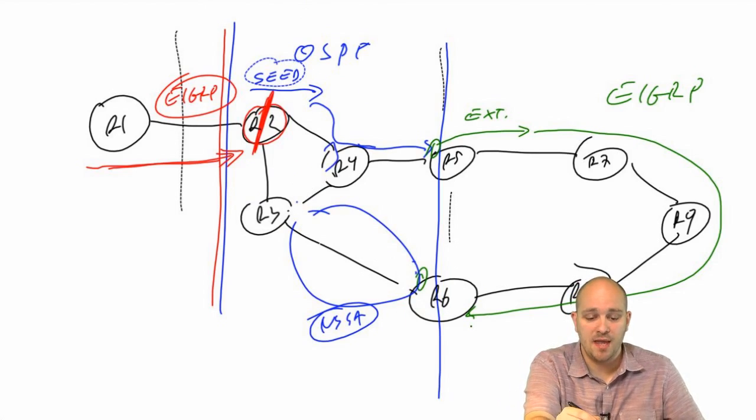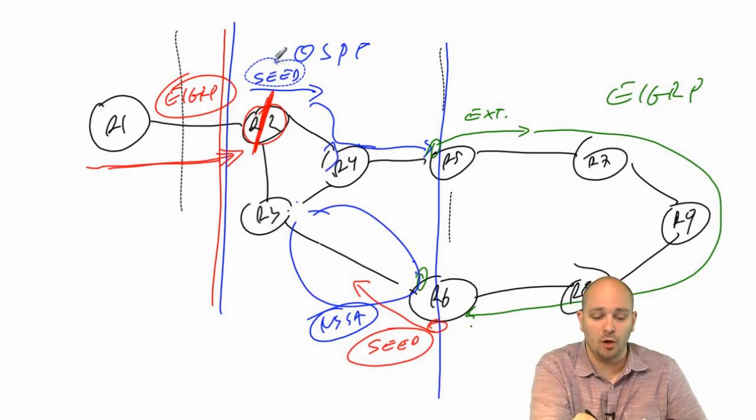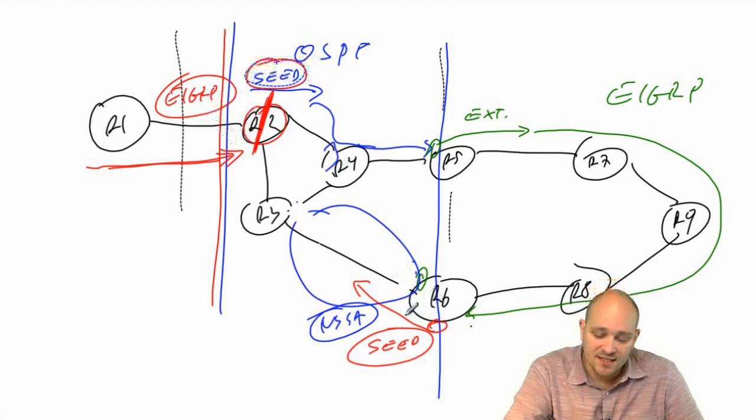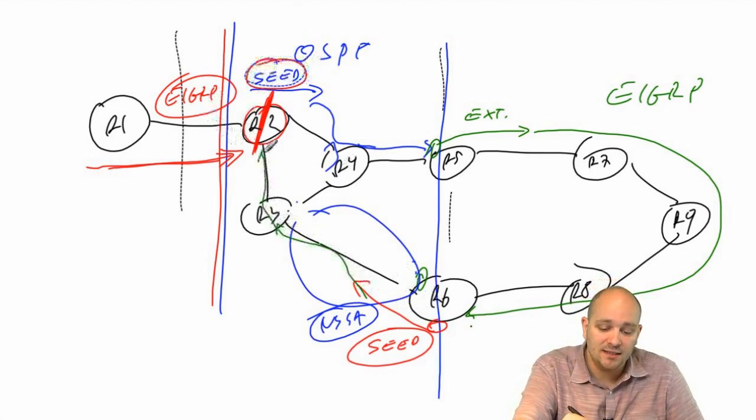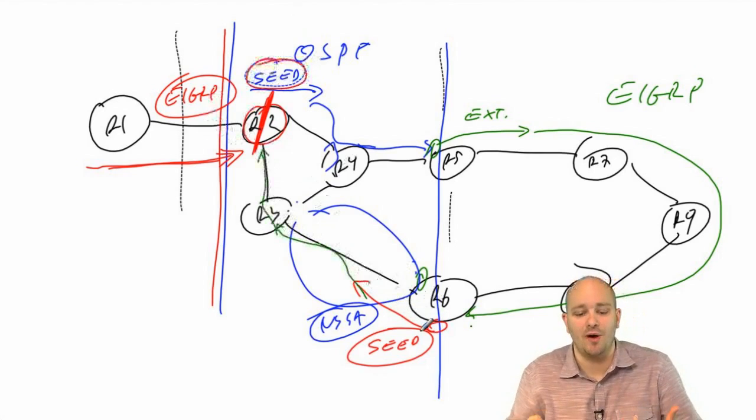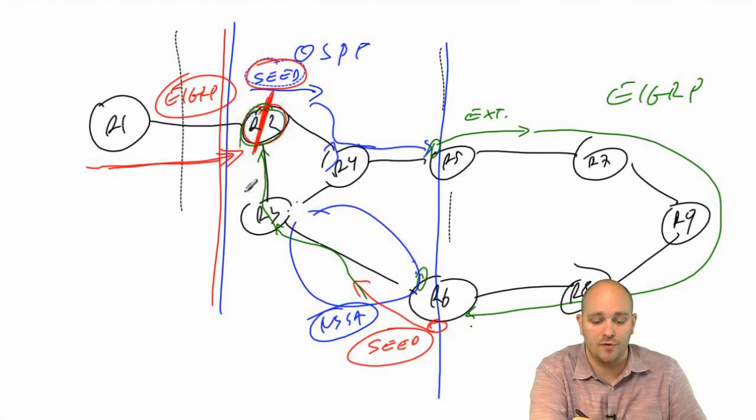Now R6 may be configured to inject this route back in, but let's say that this seed metric here is considerably lower than this seed metric here. What that means is that this route is now going to travel through the OSPF domain, and it's suddenly going to appear as a much better route, say on R3.